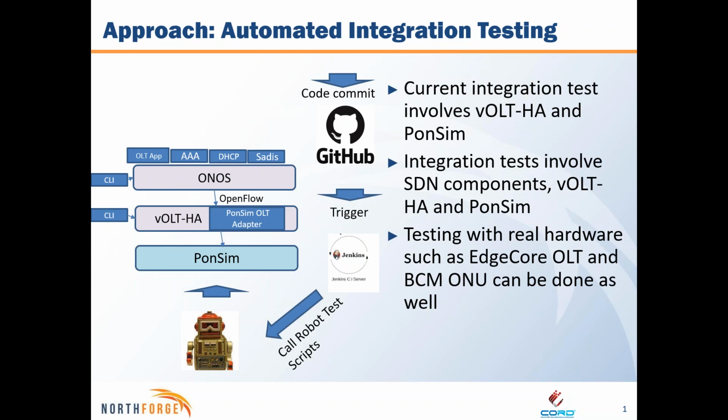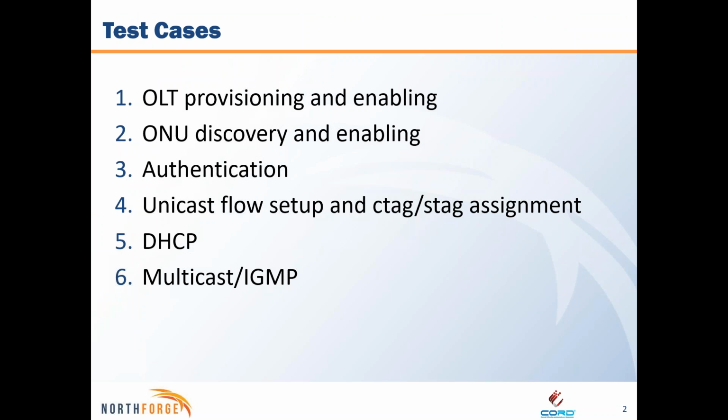And all the testing environment should be finally triggered by a code commit through the CORD Gerrit, with the hook that triggers the Jenkins job, which runs the relevant test on top of this system. And here is the list of 6 tests proposed by North Forge to the community.